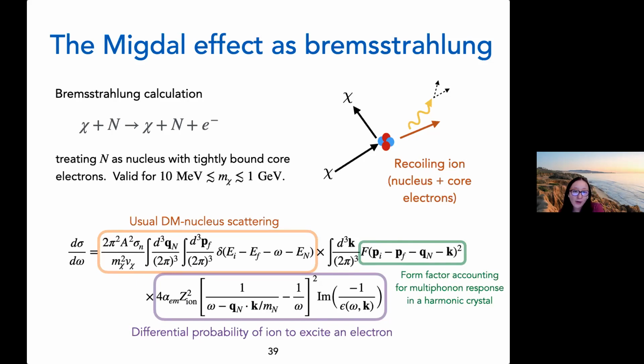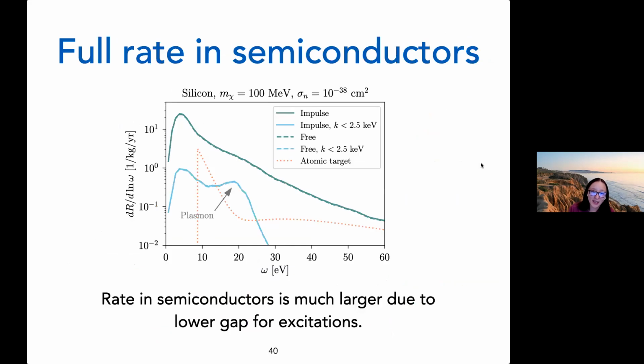All right, so if we put that all together and now use those same calculations to calculate the Migdal effect, you actually find that the rate can be much higher in semiconductors than in atomic targets. So this is the rate as a function of energy for semiconductors, and this is the one for atomic targets. And it's much higher because there's a much lower gap for excitations, essentially.